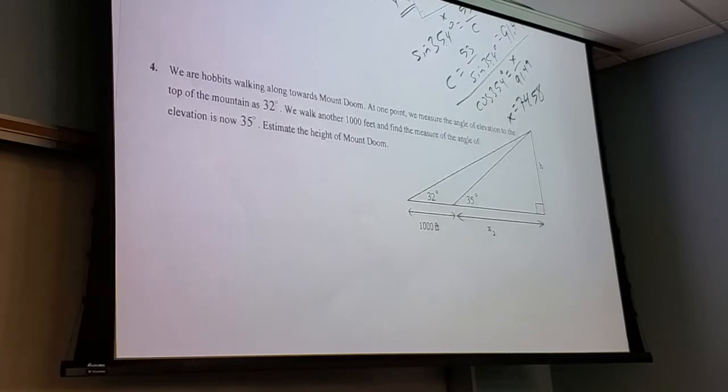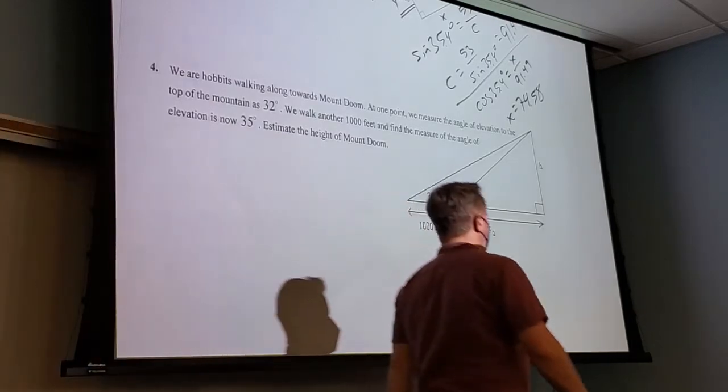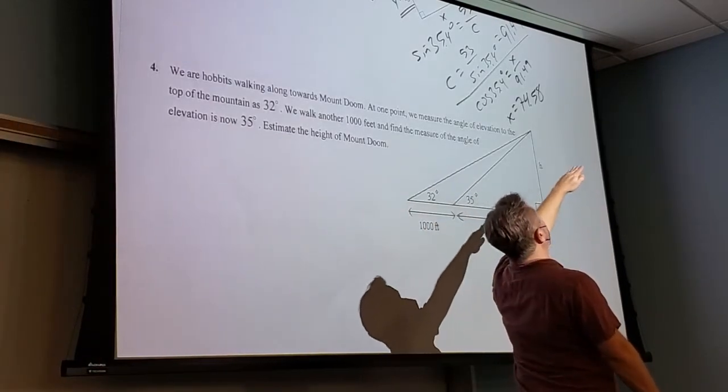We are walking towards some mountain, right? We could have hairy feet or not. So at one point, we measure the angle. I want this to make sense. If I walk towards that wall, right? So right now, if I look straight out, I have to look this far up to see the top of the wall. You guys with me? Obviously, if I walk towards the wall, don't I have to look up much higher?